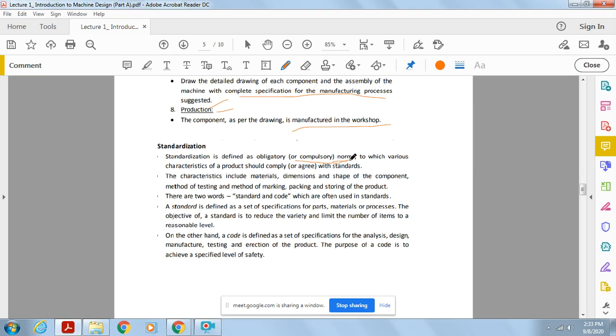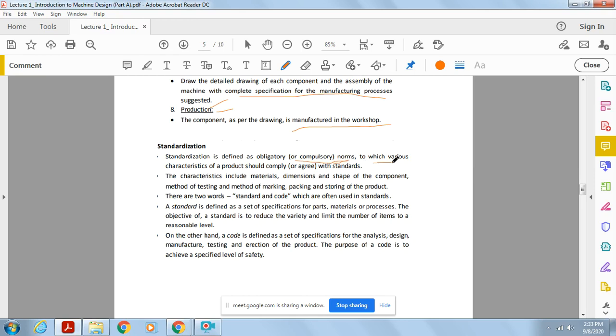If you follow the Indian standard code, you have to design as per it. If you are designing a boiler, an automobile engine, a chassis, or whatever the part, for every individual component there is a certain Indian standard code. You have to design accordingly as per the norms provided in it. So this is called standardization.